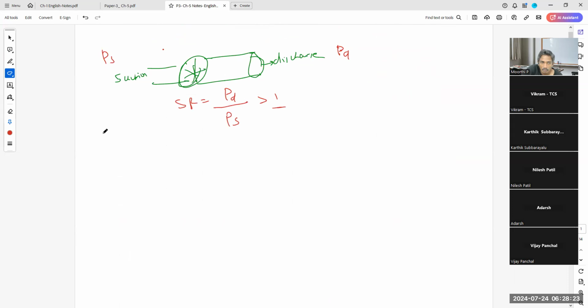Here I draw one diagram. You have to tell me what are the basic unit concepts we have to take.